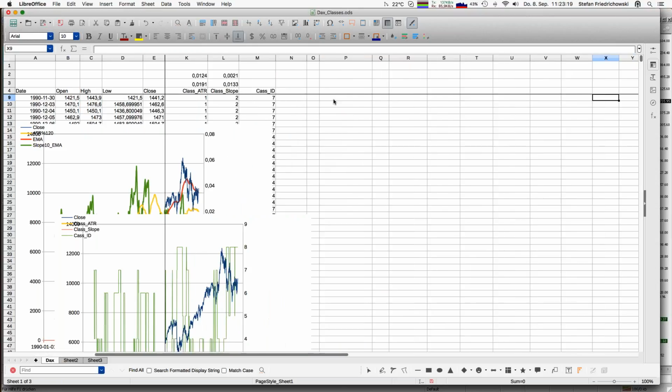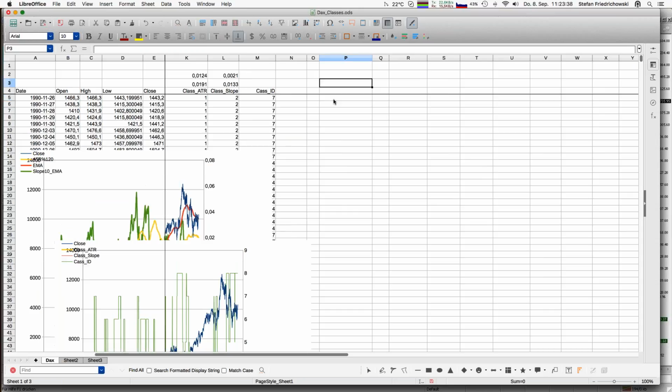So the idea is, let's calculate the changes of the DAX in percent from one day to the other for a given class. Since we need the change always for the calculation, let's have a separate column for the change itself.